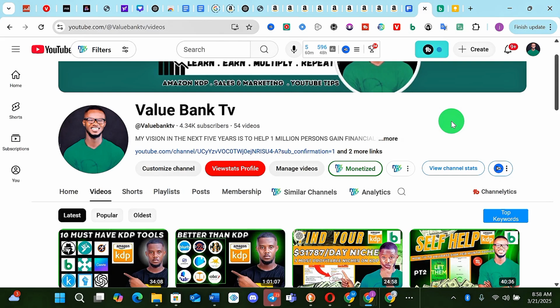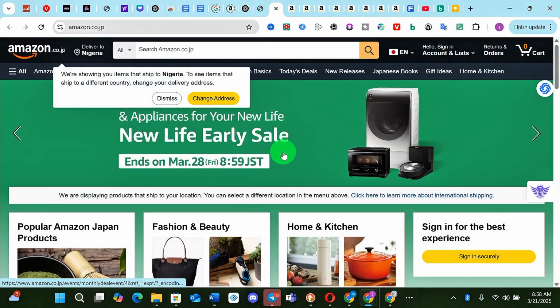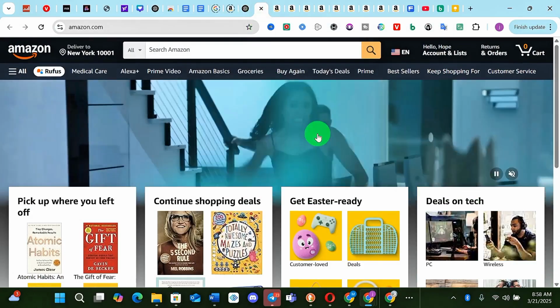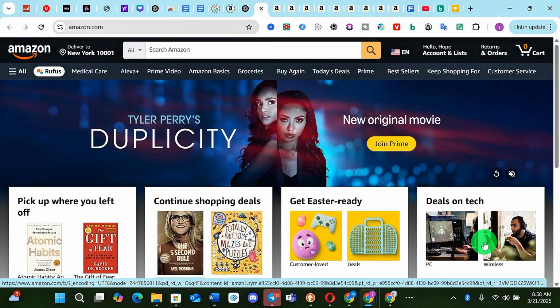Now, talking about the marketplaces that you should publish your book on, the first one is Amazon.com. Amazon.com is the largest Amazon marketplace we have. About 2.3 billion people visit Amazon every single month, which means if you are not making money on Amazon with your book publishing business, it's not Amazon's fault.